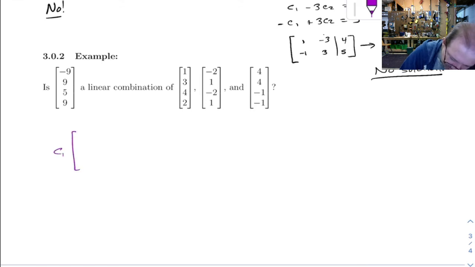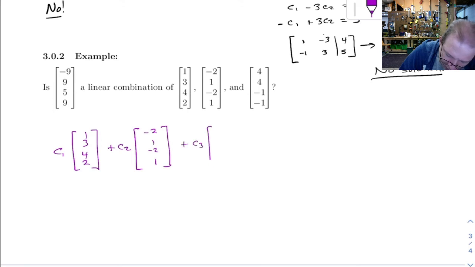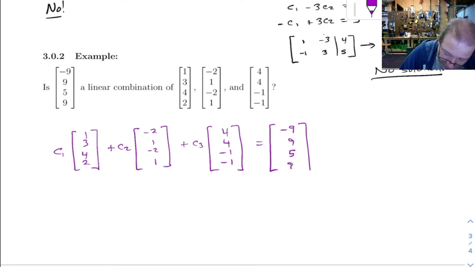You do C1 times 1, 3, 4, 2 plus C2 times negative 2, 1, negative 2, 1 plus C3 times 4, 4, negative 1, negative 1 equals negative 9, 9, 5, 9. So you've got to solve this system.